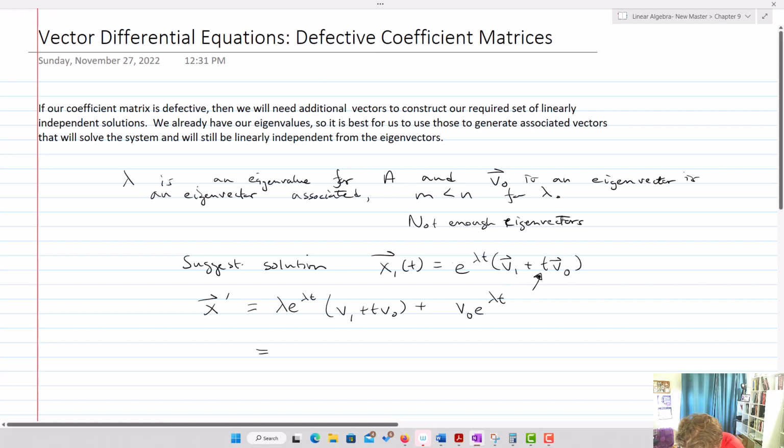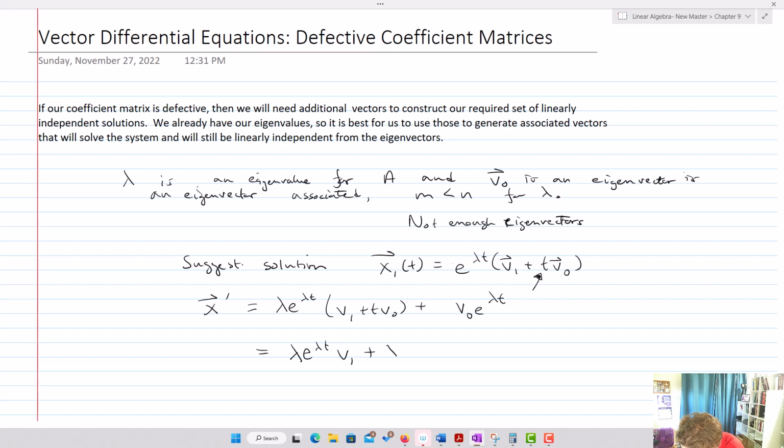That gives me lambda e to the lambda t v1 plus lambda t e to the lambda t v naught plus v naught e to the lambda t.